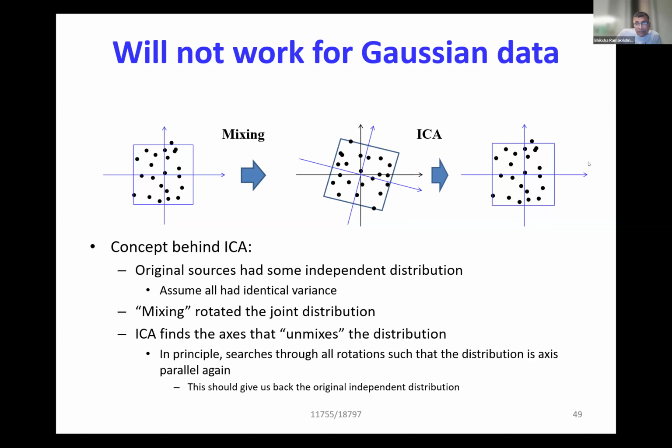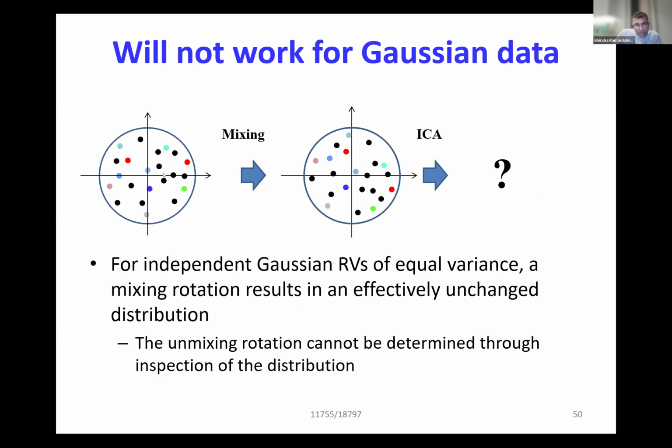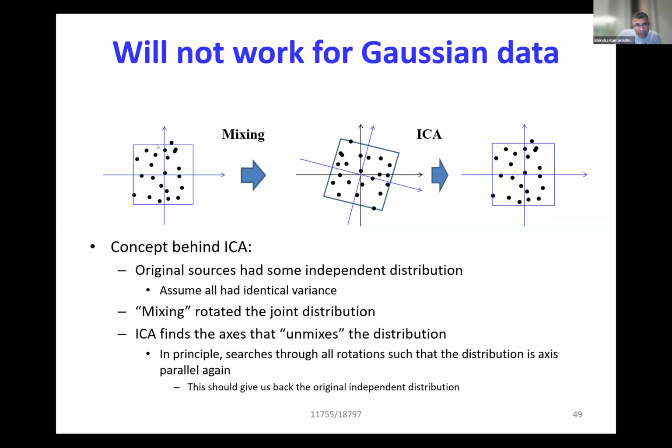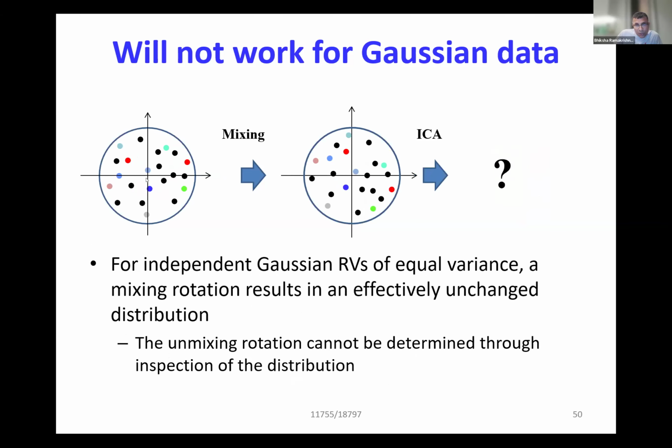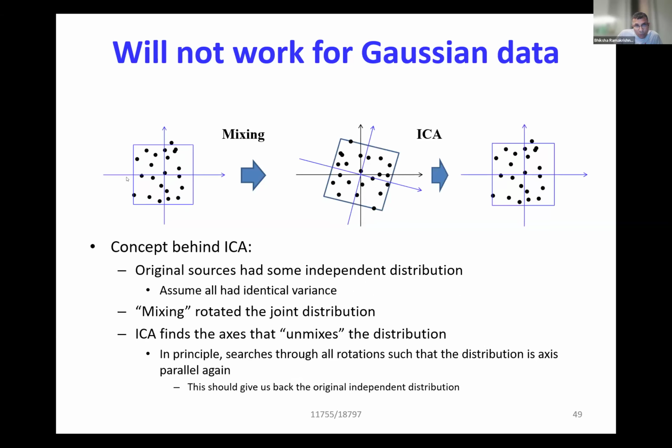Unfortunately, this cannot be done for Gaussian data. Why can this not be done for Gaussian data? It's very easy to see. Let's say my original data were Gaussian, then the scatter is going to be a perfect circle. It doesn't have any kind of a shape of this kind. So mixing is going to rotate the circle. Now over here, if the distribution was a square, rotation would give us a parallelogram, which is rotated, right? And then unmixing would try to find a transform which would rotate this back into a square.